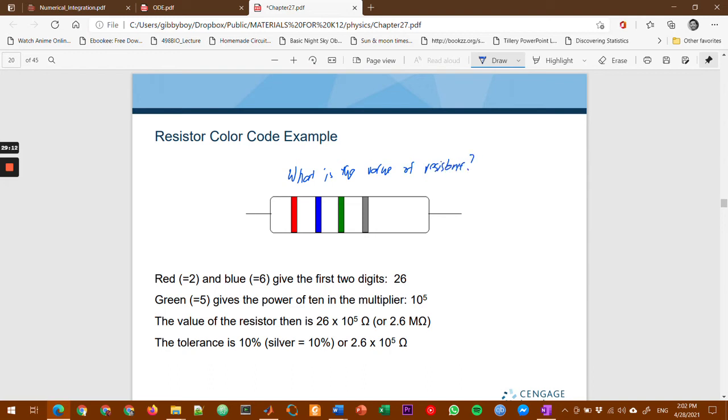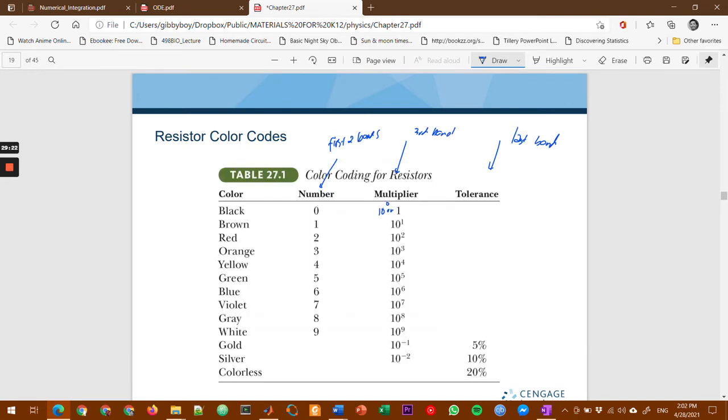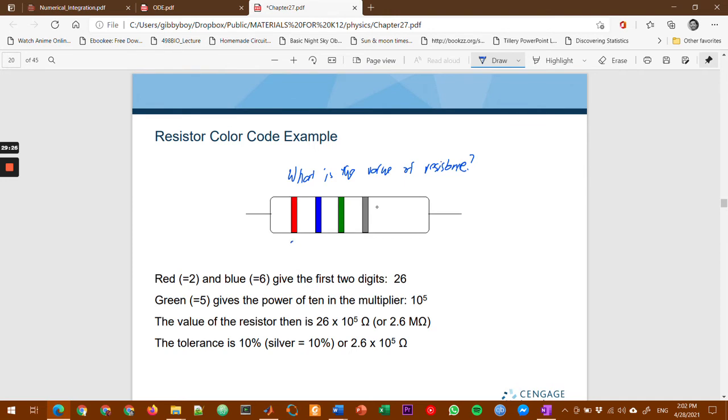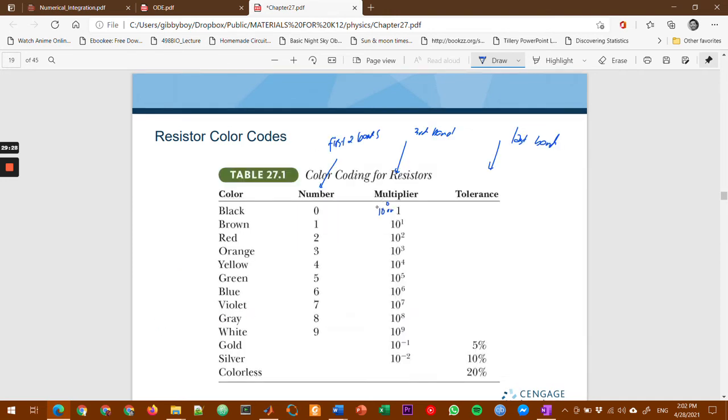Okay, for this resistor. So for red, stands for 2. If mapalit sa ato ang code, we have red is 2. Okay, this is 2. And then blue, first two bands correspond to number. Blue is 6. Okay, so we have 6.